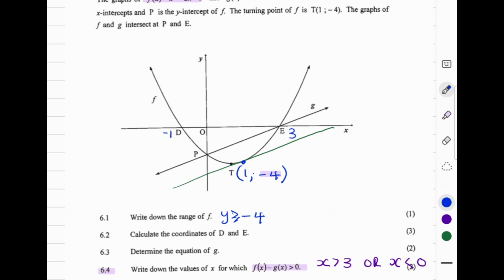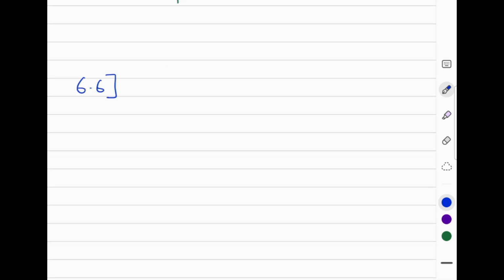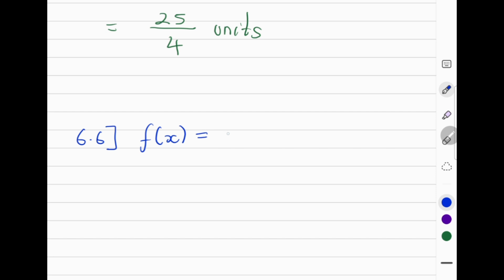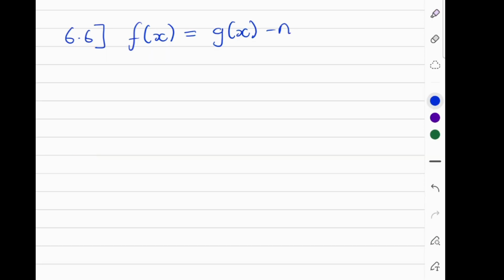So I'm going to say that f of x is equal to g of x minus n, because the graphs should be equal at that point where they touch each other and form a tangent.